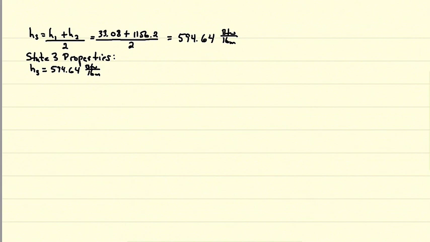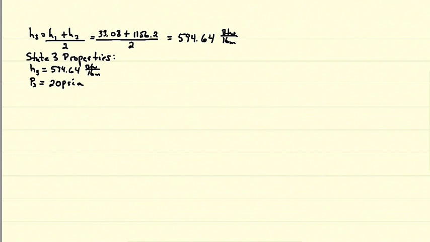And my second independent property, now I apply that third assumption that I made, which is that P3 is equal to P1, which is equal to P2, right? I made the assumption that all of my pressures are equal to each other. And so P3 is also equal to 20 psia based on that assumption.